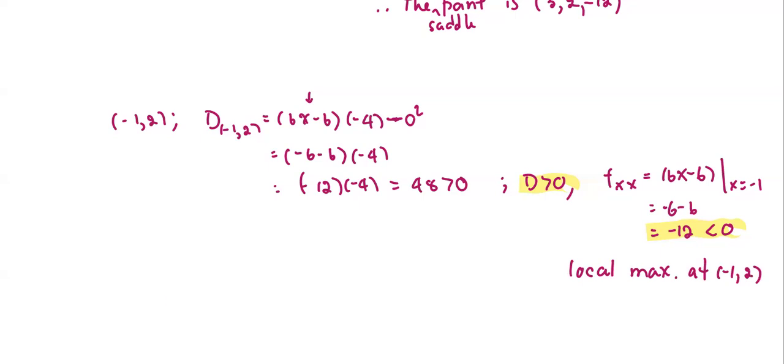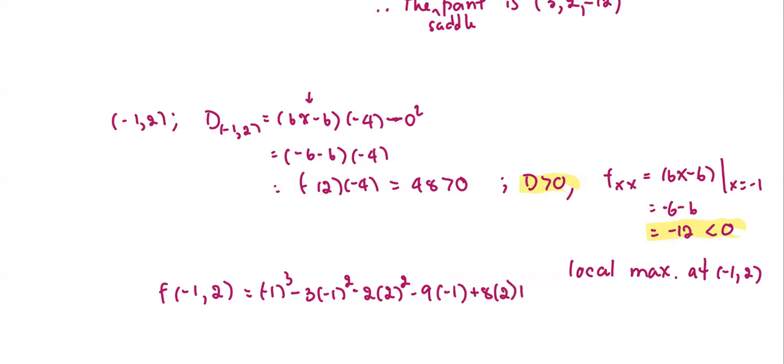And then we're going to compute the value at (negative 1, 2) using the function: negative 1 to the third, minus 3 times negative 1 squared, minus 2 times 2 squared, minus 9 times negative 1, plus 8 times 2, plus 7, and the value will come out as 20.